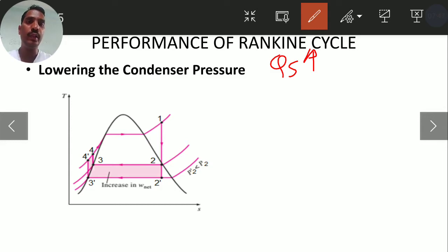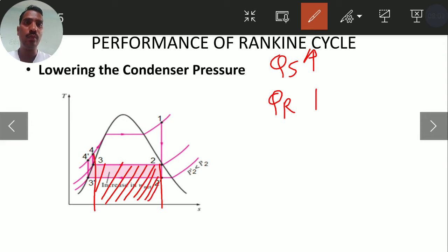What happens to the heat rejection? If you see the heat rejection, initially this much area is the amount of heat rejection. Now this area is reduced. How much is it reduced? Now I will draw.